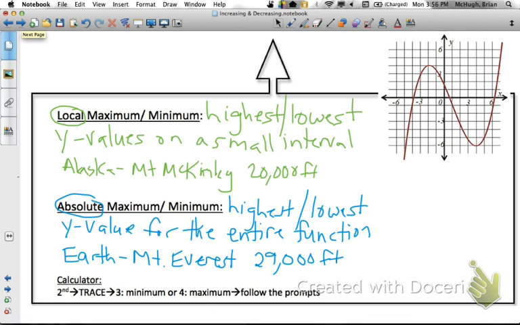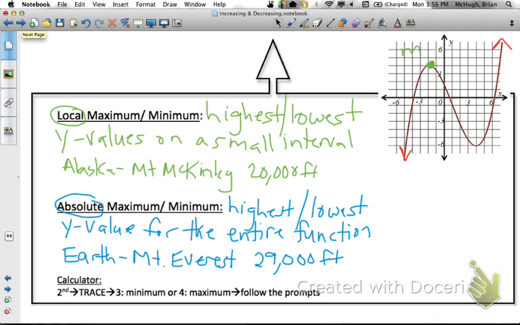Taking a look at the graph that you should have on your handout, let's try to identify some extreme values, maximums and minimums. Assuming that the graph extends down forever and up forever, if we look at the direction this graph goes, right here, if we put a point right here, that is going to be the highest point.